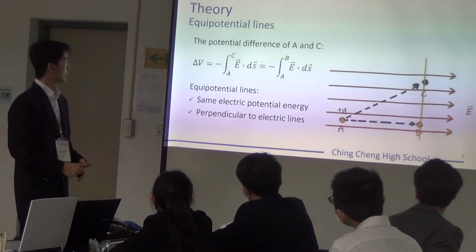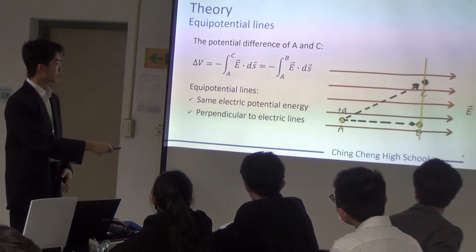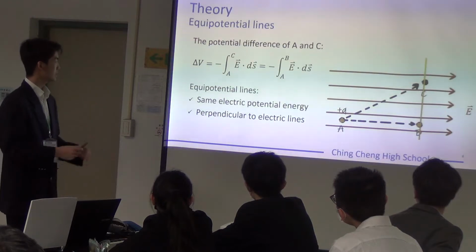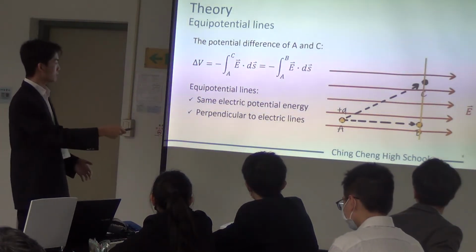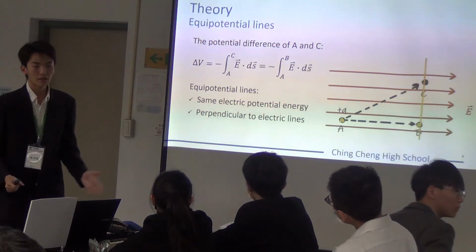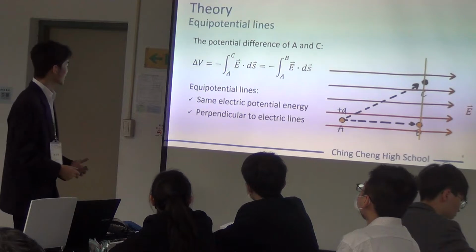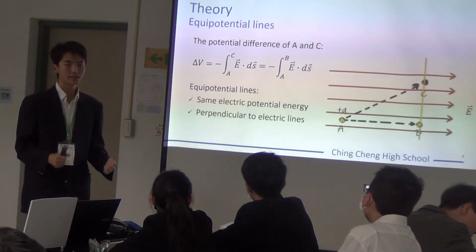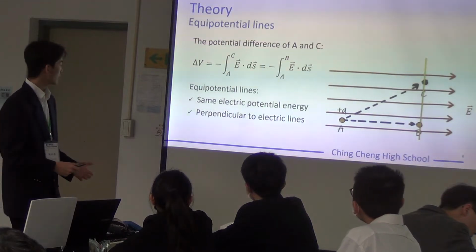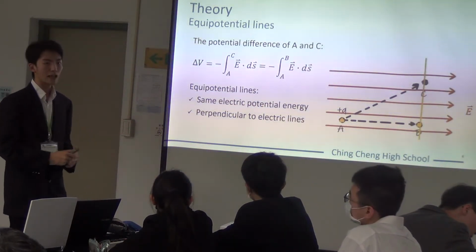Since the dot product of AB and AC is the same, they have the same potential difference. So if we line these two dots, we can get the equal potential line. Some characteristics: the same charges will have the same electric potential energy, and it is also known that they will be perpendicular to electric field lines.